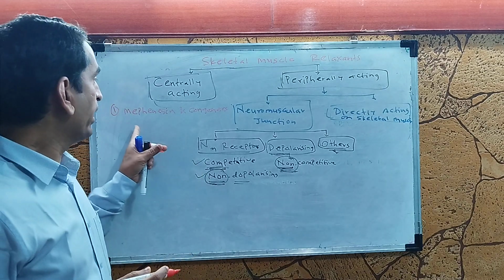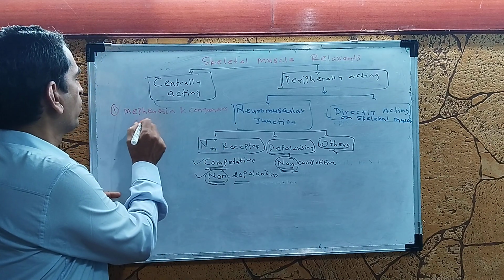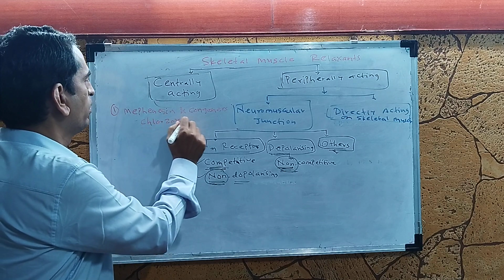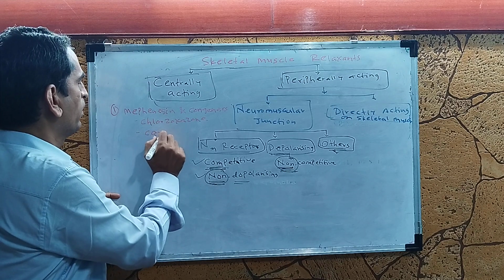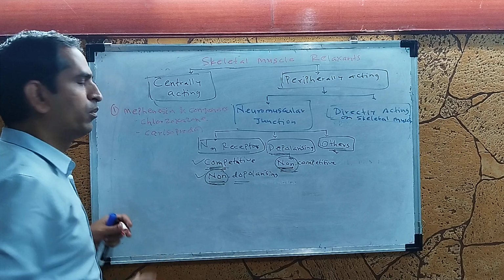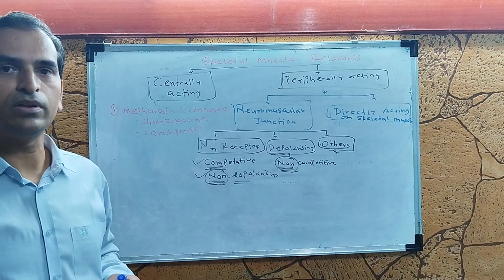However, its congeners are used. Some of the examples include chlorzoxazone, carisoprodol, chlormezanone. So these are the examples of mephenesin and its congeners.